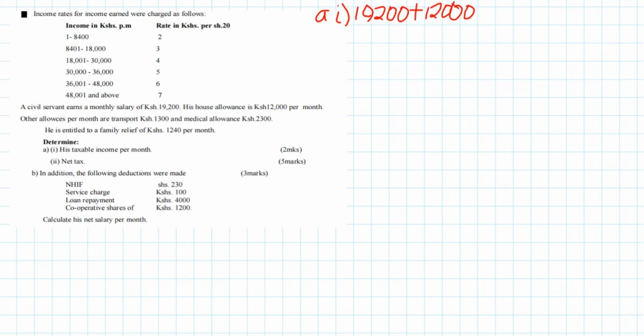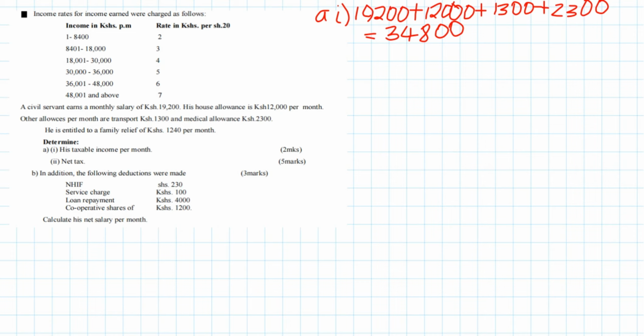We start with the first one, house allowance, 12,000, and then the transport allowance 1,300 and the medical allowance 2,300. And when we sum this, we are going to get 34,800. So this amount is the gross pay.